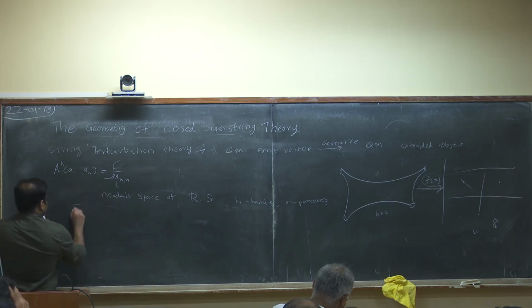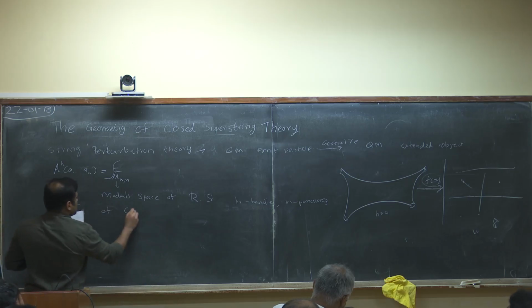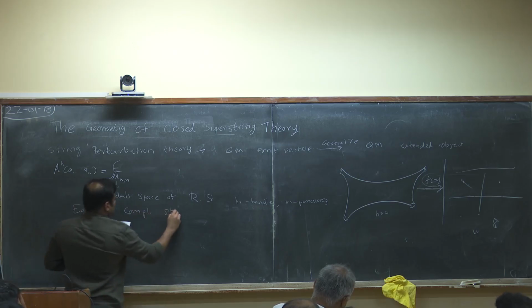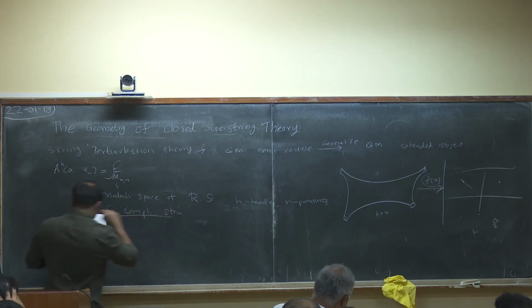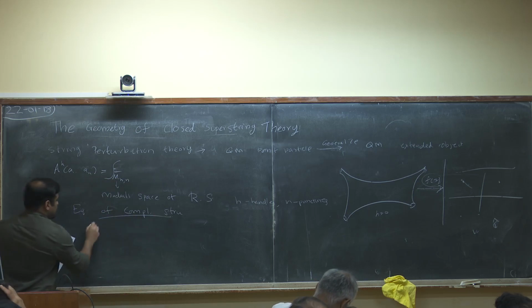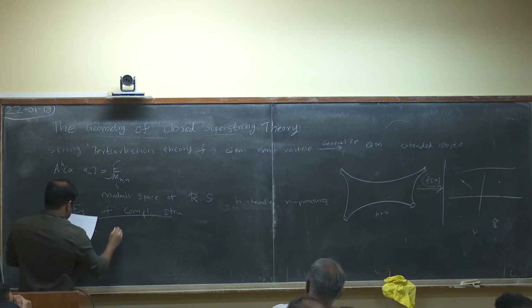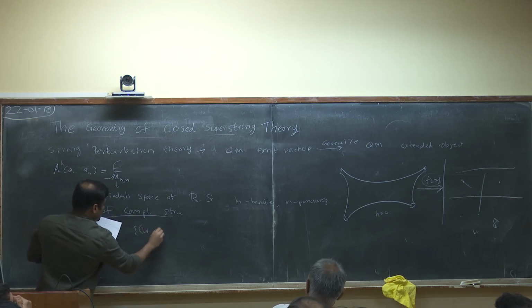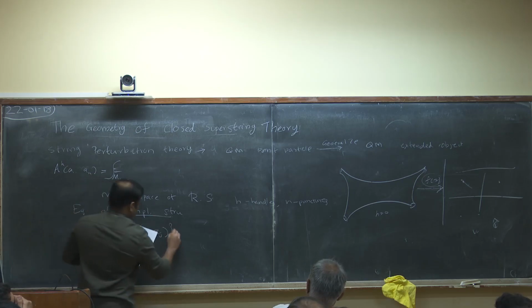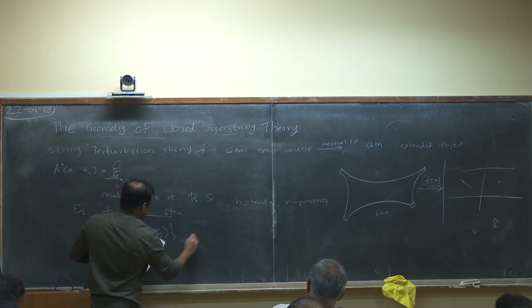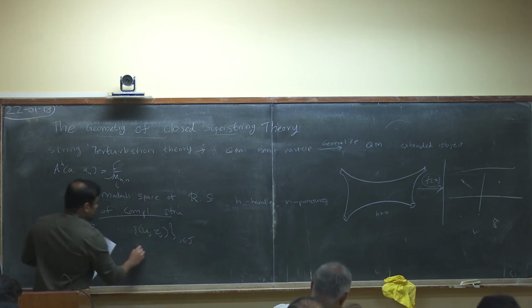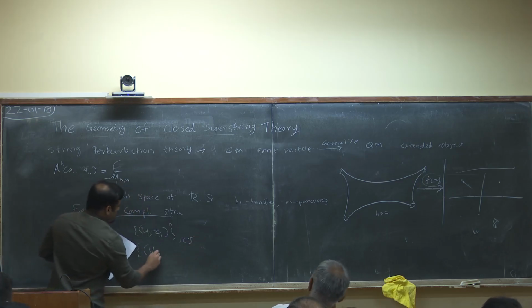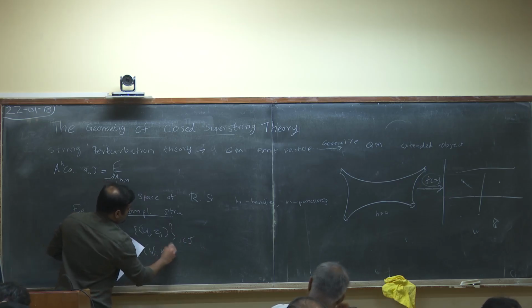Equivalence of complex structures. Consider two Riemann surfaces: R with complex structure Uj, Cj, and another Riemann surface with complex structure Vj, Wj.